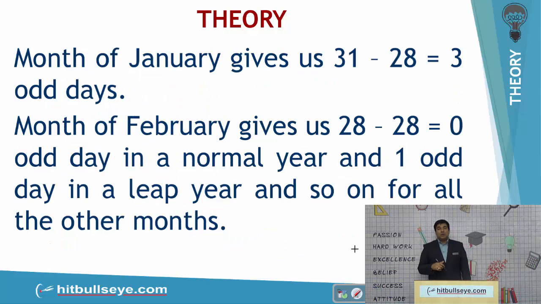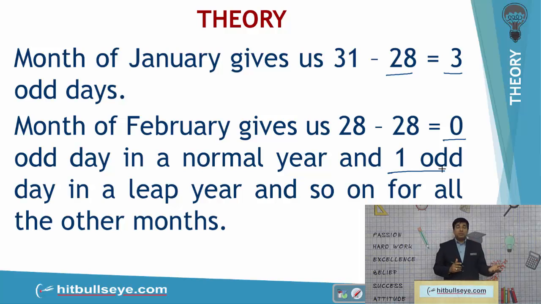Now, coming month-wise, the month of January has 31 days. The multiple of 7 being 28, January would have 3 odd days. February generally has 28 days in a normal year, so we have no odd day in a normal year and one odd day in a leap year for February.